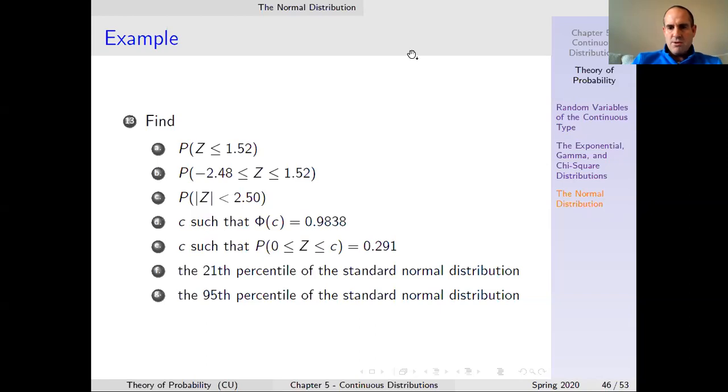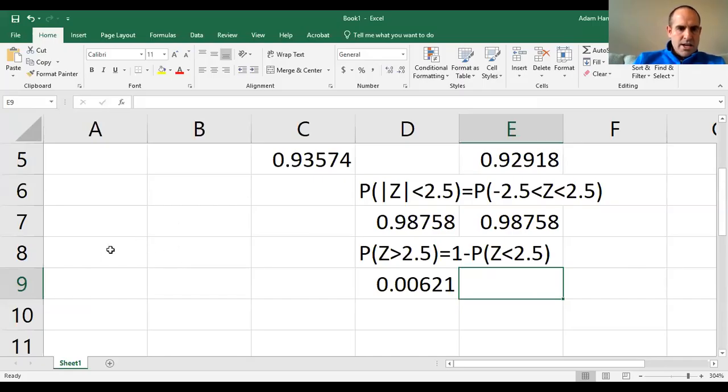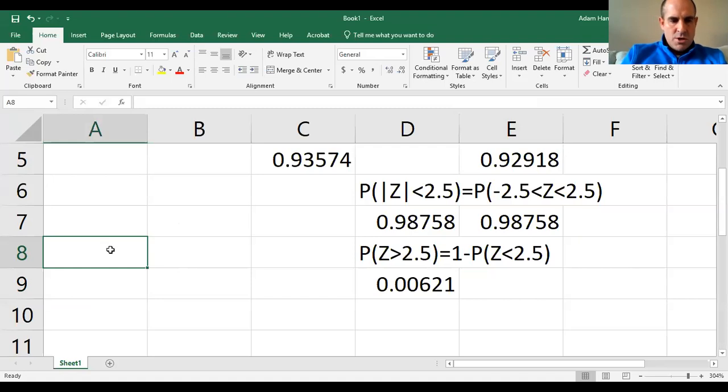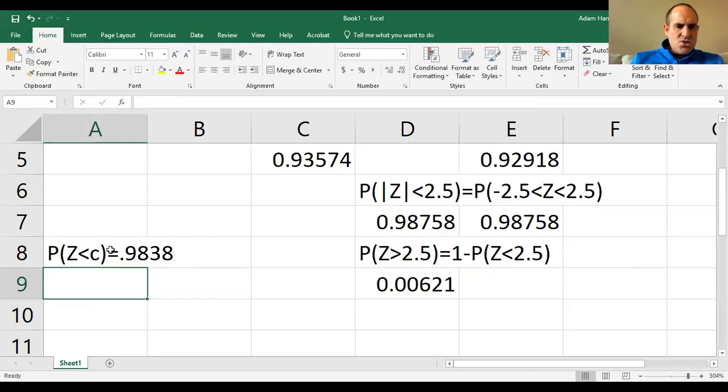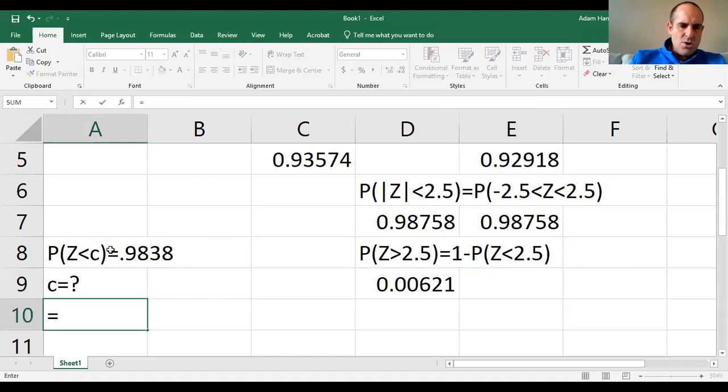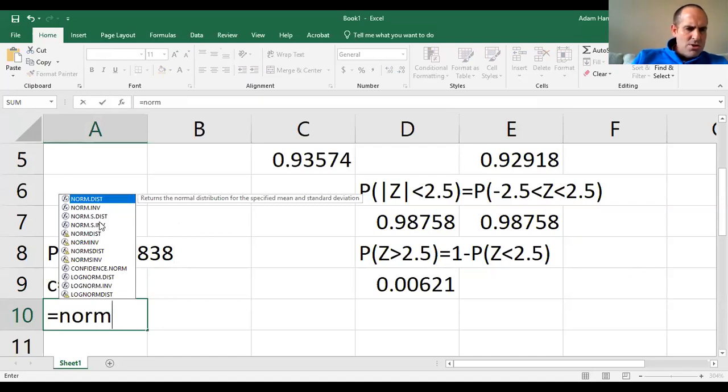So if I go over to here, I want the probability that Z is less than C to be equal to 0.9838. So how do I find C? Watch this. You go equals normal standard inverse.